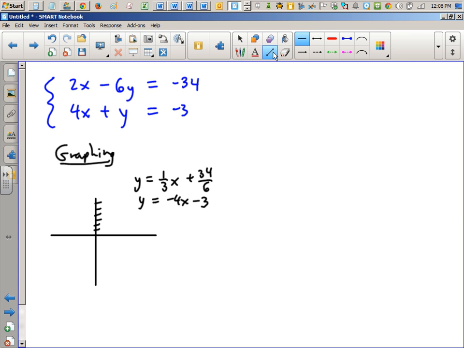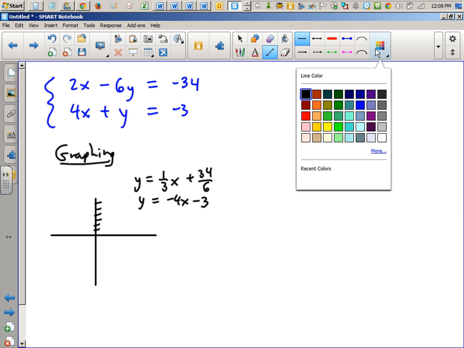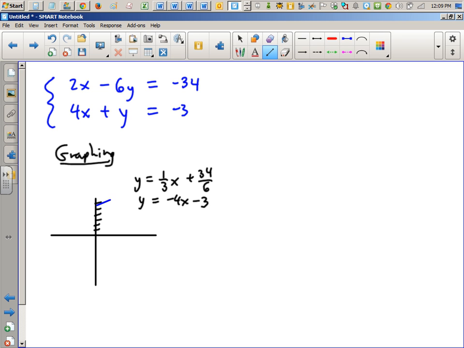So for our first line, it has slope 1/3, and it passes through about 5.5 roughly, not exactly, but close. And the second one, y equals negative 4x minus 3, that one obviously passes through negative 3, and has a slope of negative 4/3.